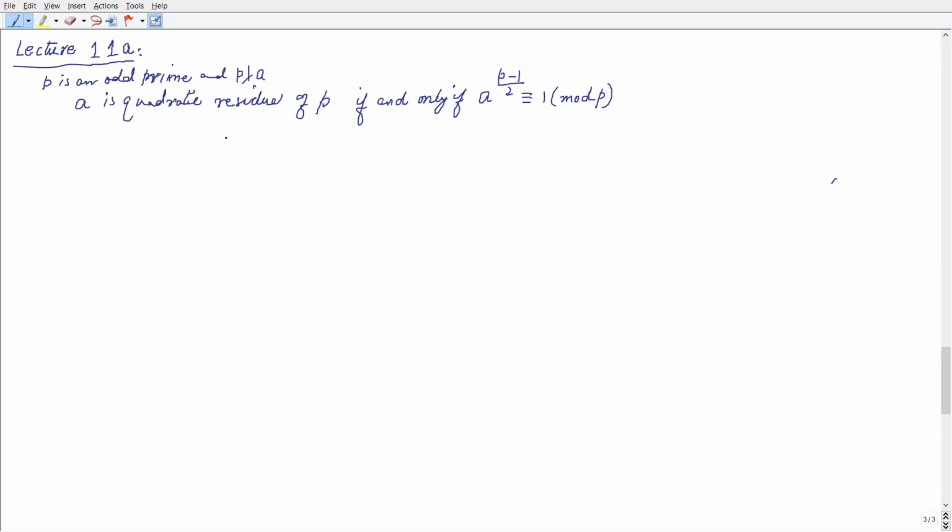So by using this result, you can easily find whether the integer is a quadratic residue or not.